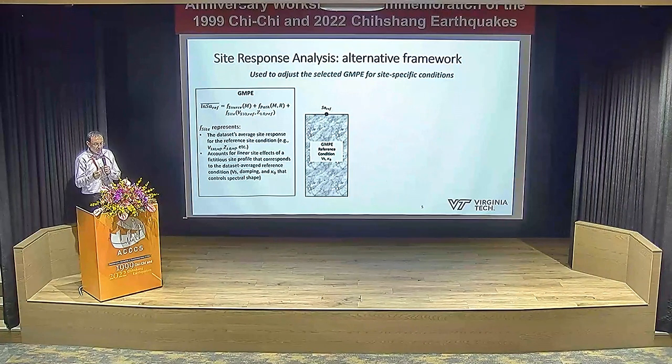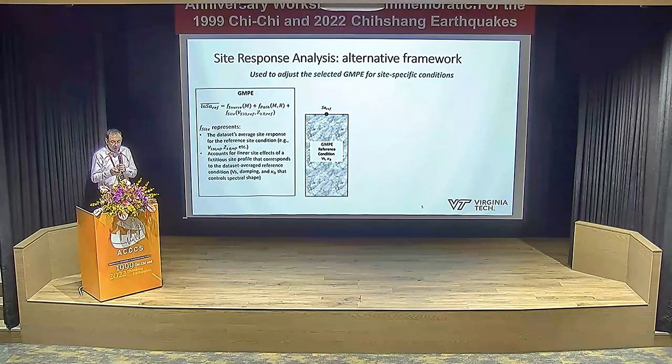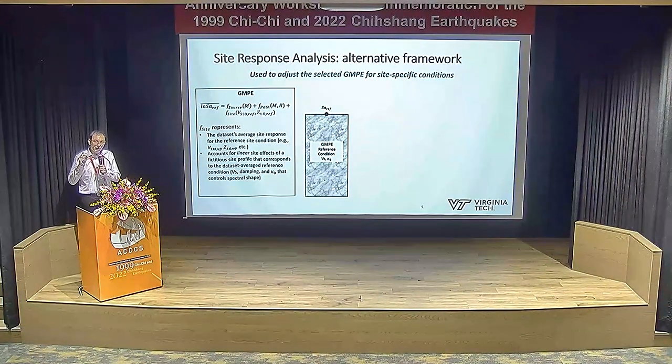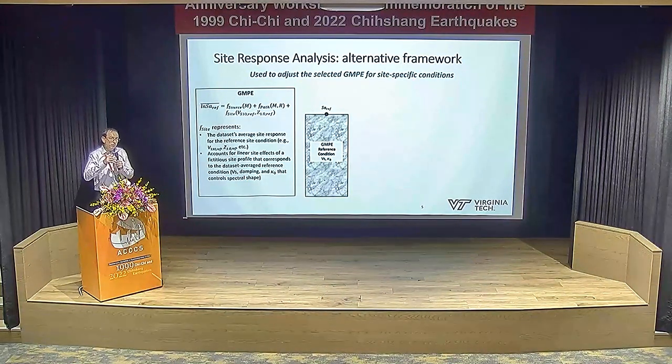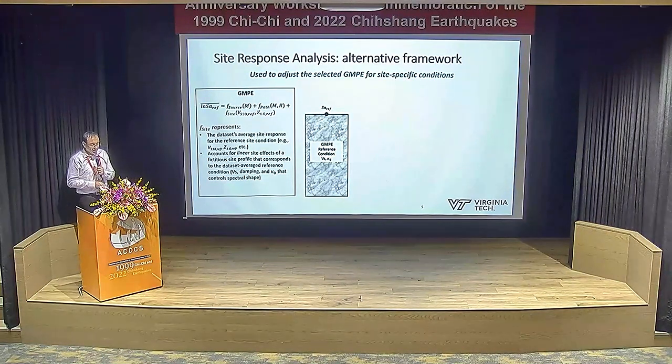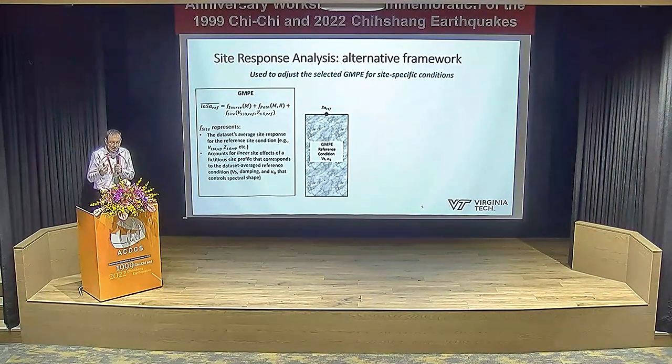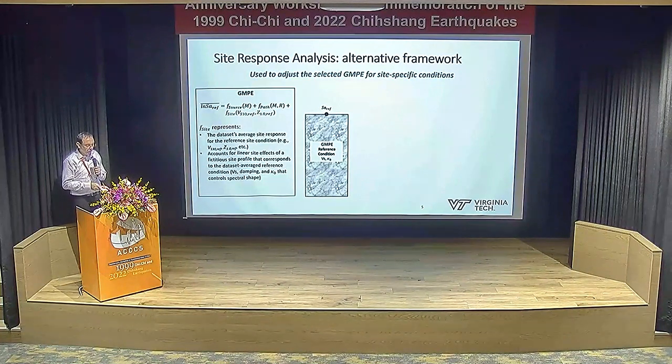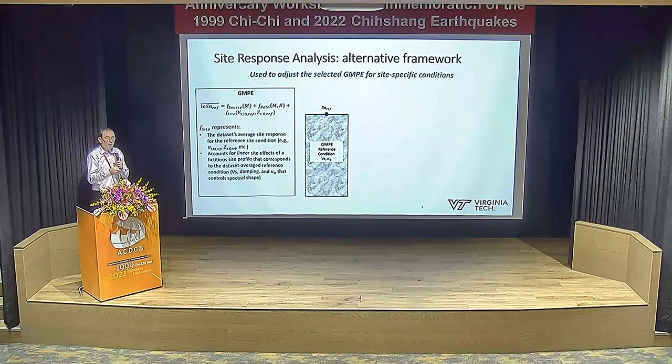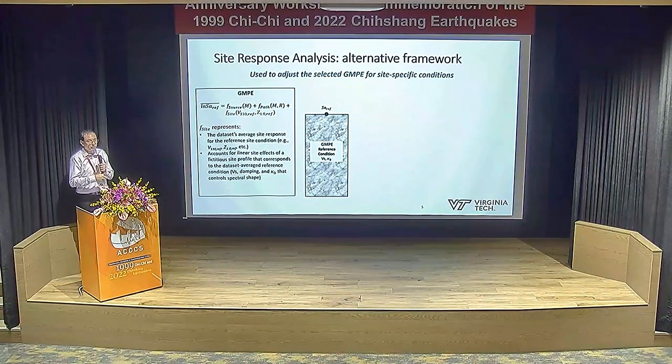So when you have a GMPE, we have a site term, and here a GMPE for a reference condition that will define a condition relative to which you conduct your site response analysis. Then the site term in that reference equation represents an average response of the entire ground motion data set, average for the parameters that define your reference half space.